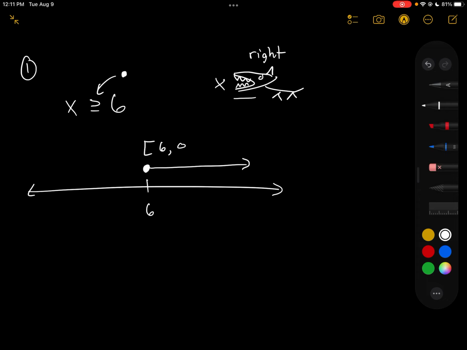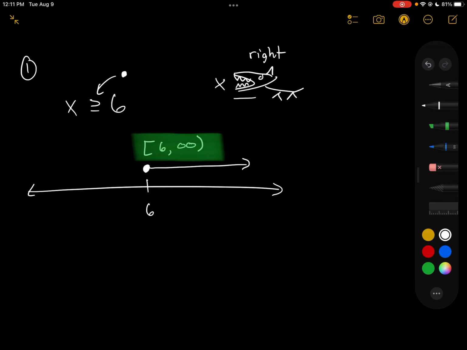So we're going to say our good old friend infinity. And infinity, you never actually get there, you never actually equal to it. You can spend your whole life trying, but you'll just get closer and closer without fully reaching it. So we always use parentheses for that. So our interval notation for this question, the final answer that you would want to type in would be bracket 6, comma, infinity, parentheses. So that is one aspect of things.